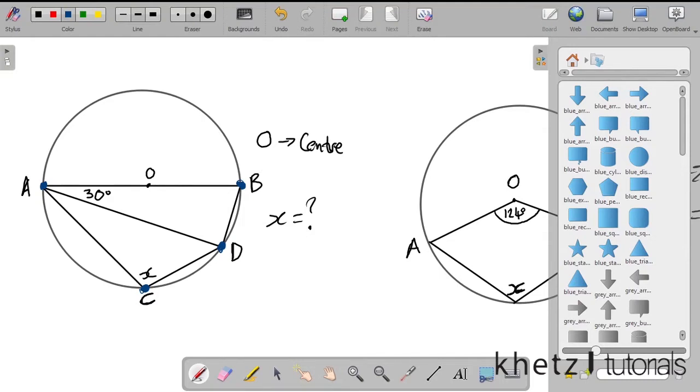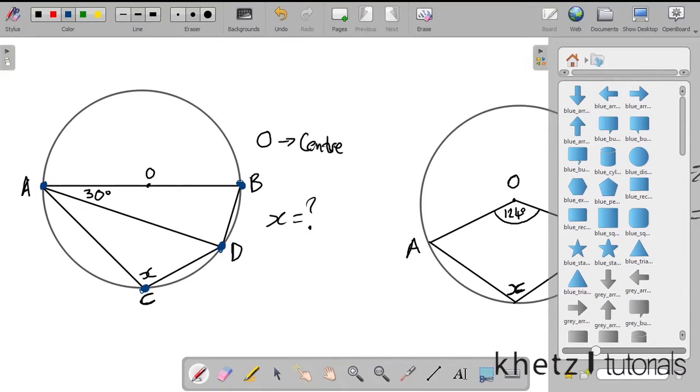And we have 1, 2, 3, 4 points, which qualifies this to be a cyclic quadrilateral. So a cyclic quadrilateral is basically just a polygon with 4 sides which corresponds with 4 vertices, and these vertices have to occur on the circumference of our circle.